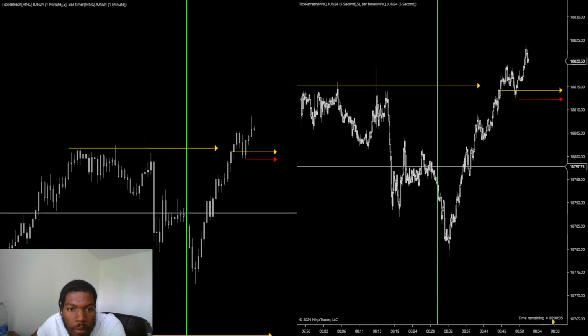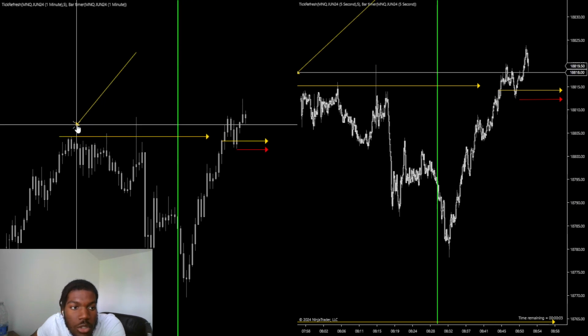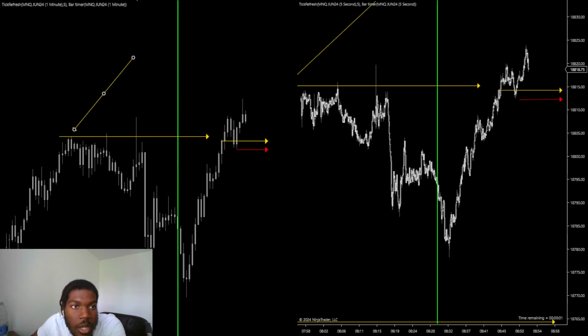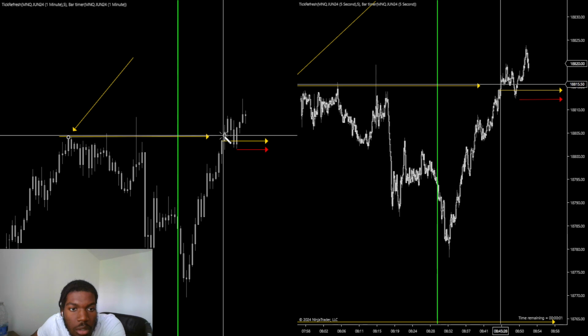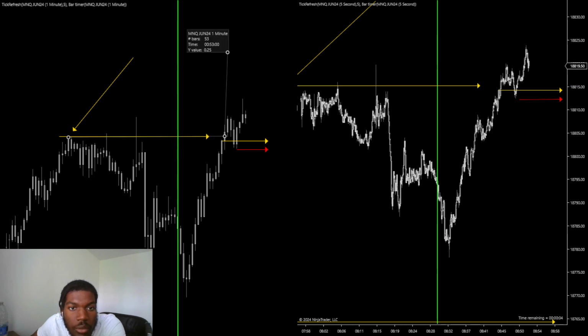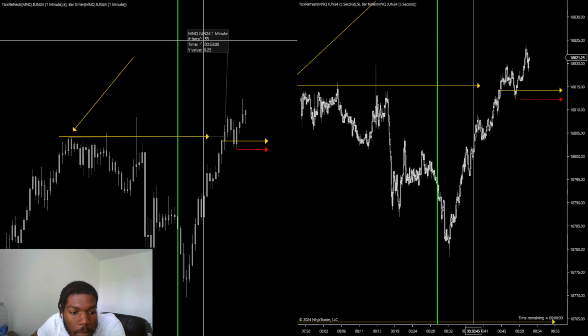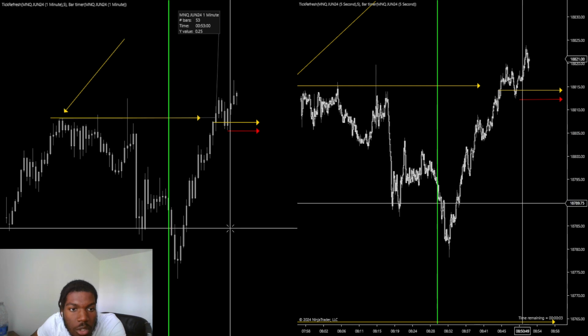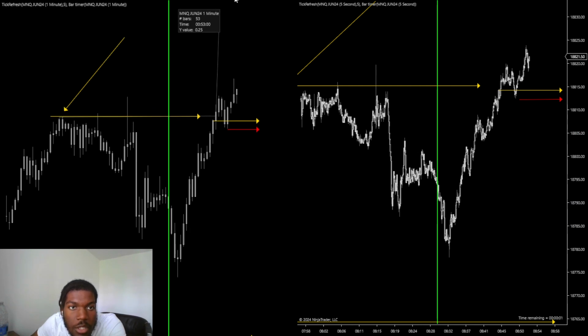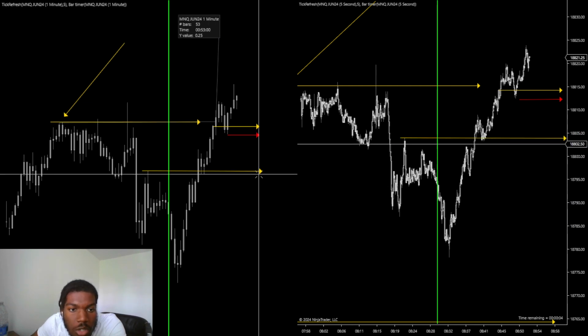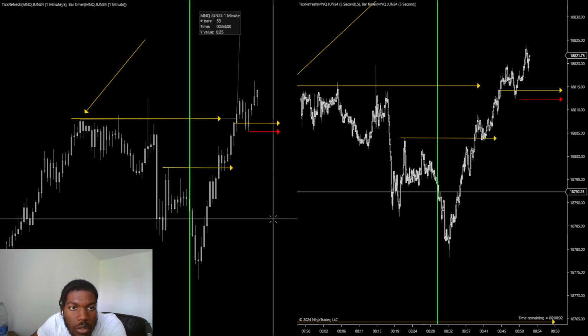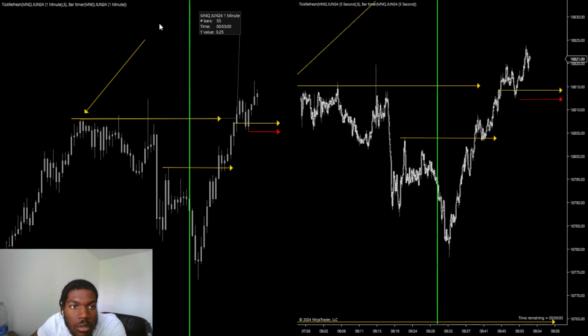So when you see a closure up above a higher time frame high, you can see that this is coming from the, what does that say? From the hourly. So clearly this is not coming from the hourly, this is coming from the 1 minute, more specifically.